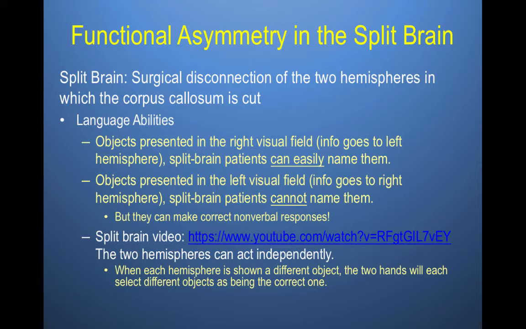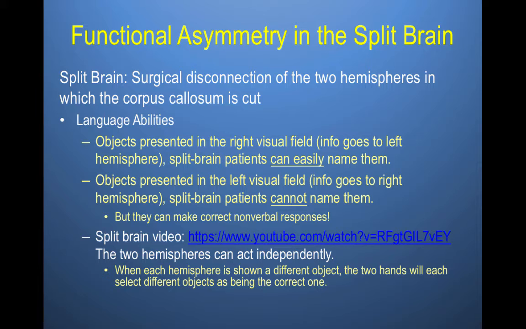Well, when you cut the corpus callosum, that does not have the same debilitating effect. What you do is you prevent the two halves of the brain from communicating with each other, but the cognitive capacities of those two sides of the brain remain intact, and they find other ways to communicate with each other. So people that have split brain can still function quite well.